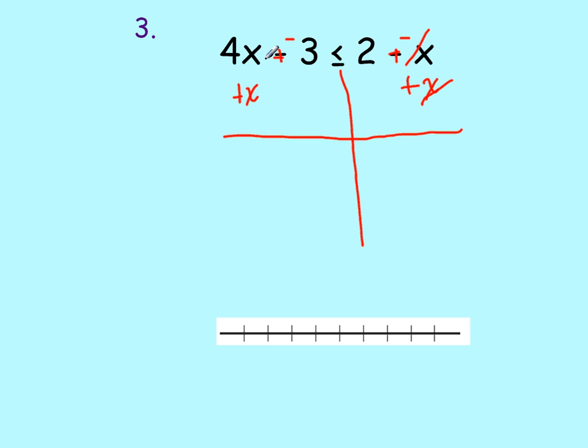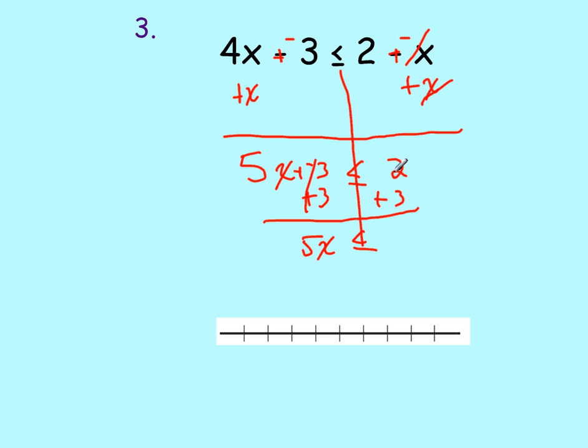So those cancel out, and over here, 4x plus x, combine those terms, we get 5x plus -3 is less than or equal to 2. I'm going to add my 3 to both sides to cancel this term. So we're going to end up with 5x over here is less than or equal to 2 and 3 make 5. And last, I divide by 5, and I get x is less than or equal to 1.